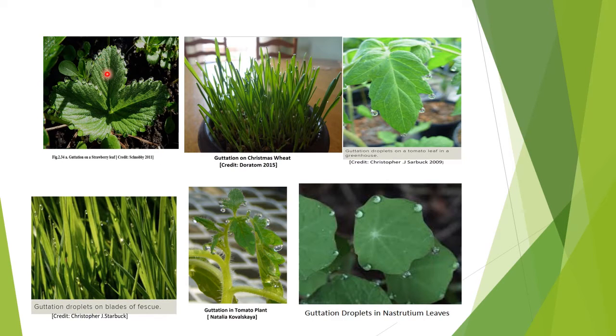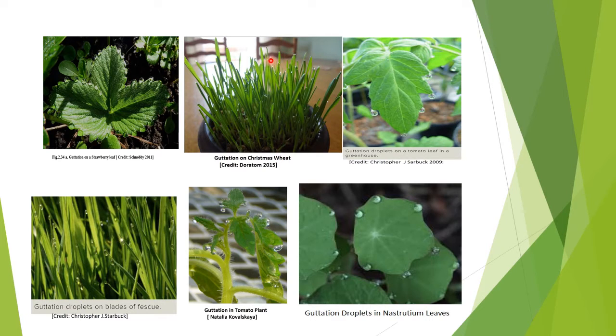If you see, this is the strawberry leaf. Here you find these droplets at the margins. These droplets are called guttation. So guttation is taking place through the margins. It's in case of strawberry, or in case of wheat plant, you will find in monocots the droplets present at the tips.